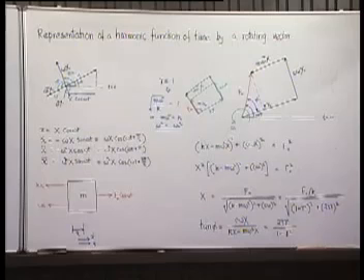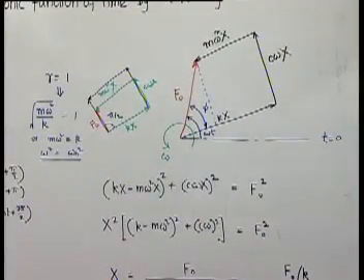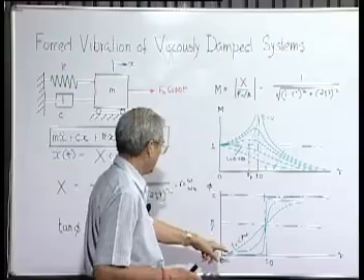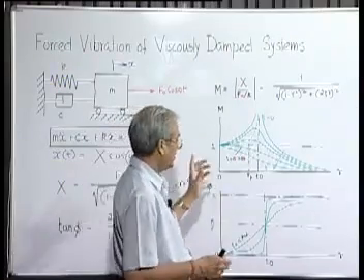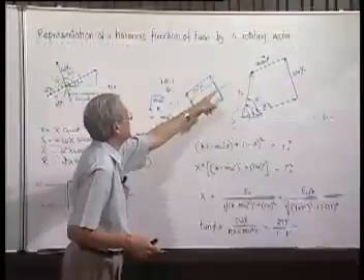So, we find that at k equal to m omega square, the spring force is exactly cancelling the inertia force, or the spring force takes care of the inertia force. So, the externally applied force always takes care of the damping force, and therefore the phase difference between the response and the excitation is always 90 degrees irrespective of the amount of damping present.